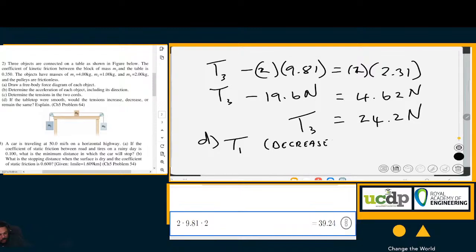And for T2, remember, if you want to know why I say this, it's because T1 minus M1G equals M1 times the acceleration. If this acceleration is bigger, that means this tension will decrease.